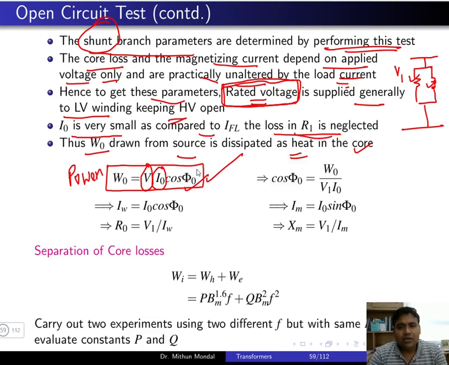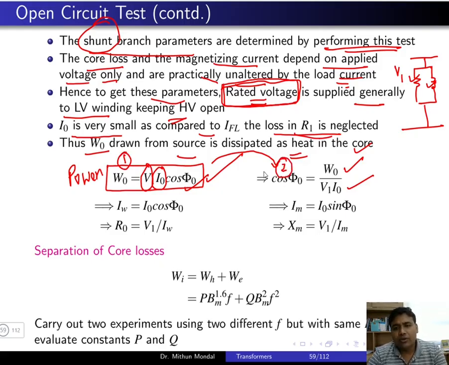So we can find the cos phi naught value from here. What is cos phi naught from this equation? It will be power divided by the product of voltage and current. So W naught divided by V1 I naught will give you cos phi naught. This is the first step, which comes from the measurement, and this is the second step, which you find from the calculation.